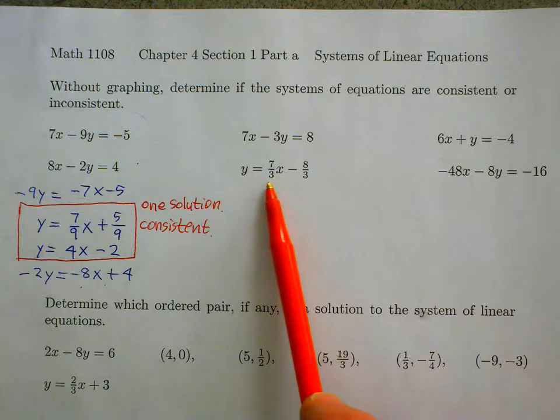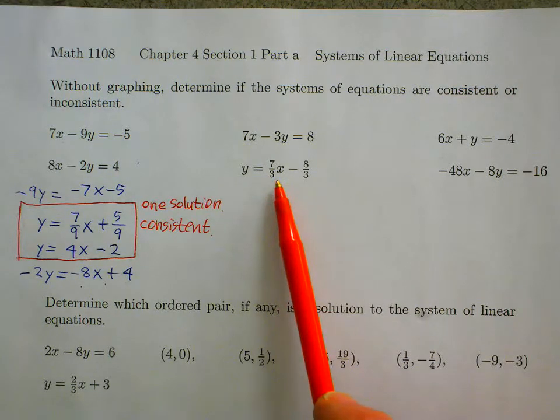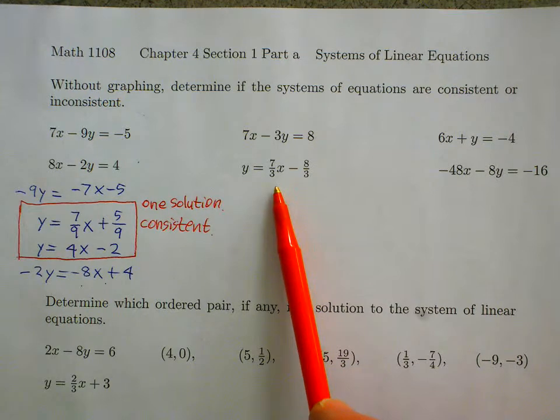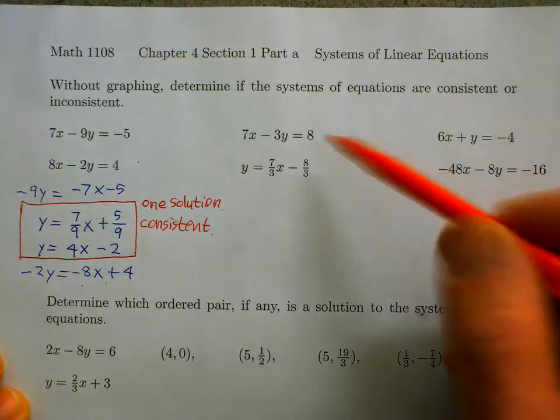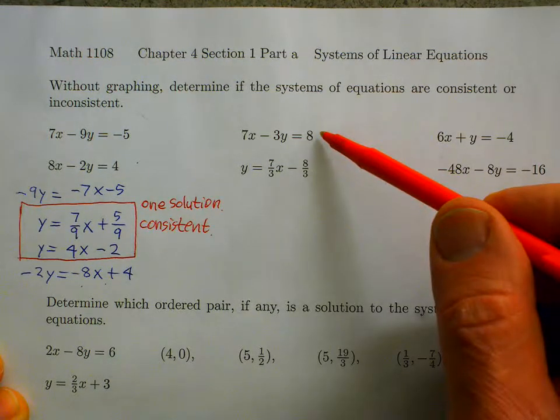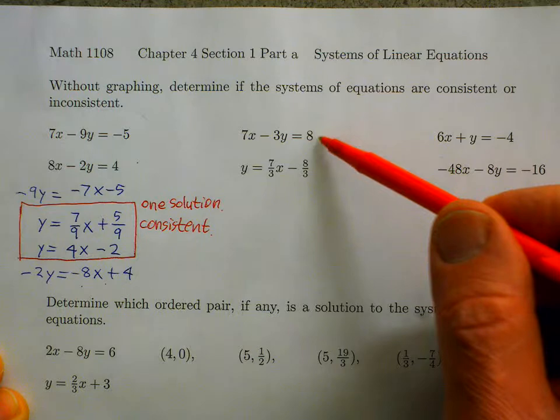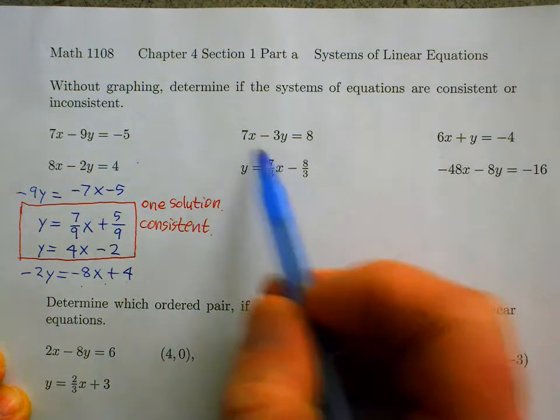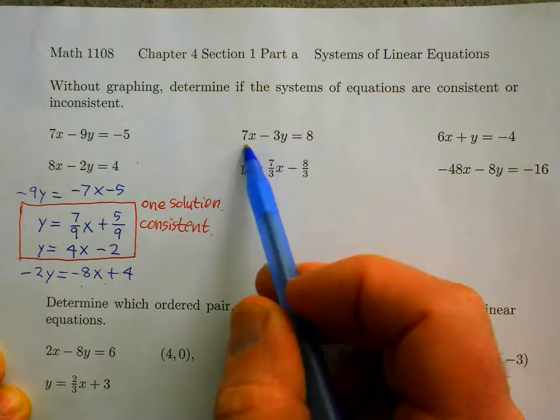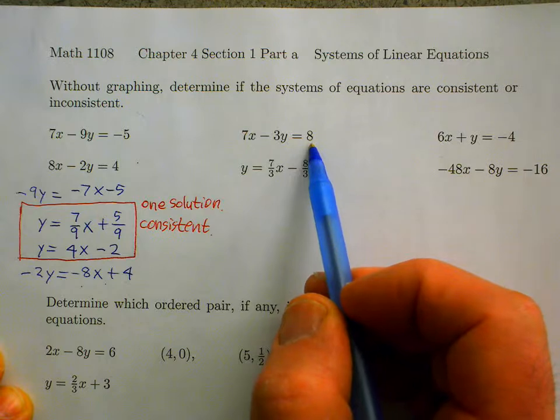Okay, in the next system, the bottom equation is already in slope-intercept form, so that's kind of nice. Let's rewrite the top equation, 7x minus 3y equals 8, in slope-intercept form.